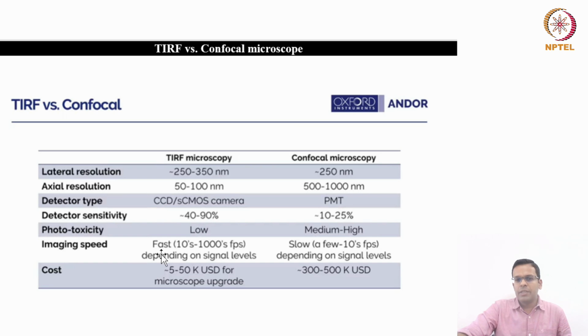And imaging speed is fast because it has to image only one focal plane, whereas imaging speed is quite slow in confocal microscopy because it goes for line by line scanning that we'll discuss in the next class. Okay, and cost wise also, upgrading your microscope to TIRF illumination is quite cheaper compared to the confocal illumination. Okay.